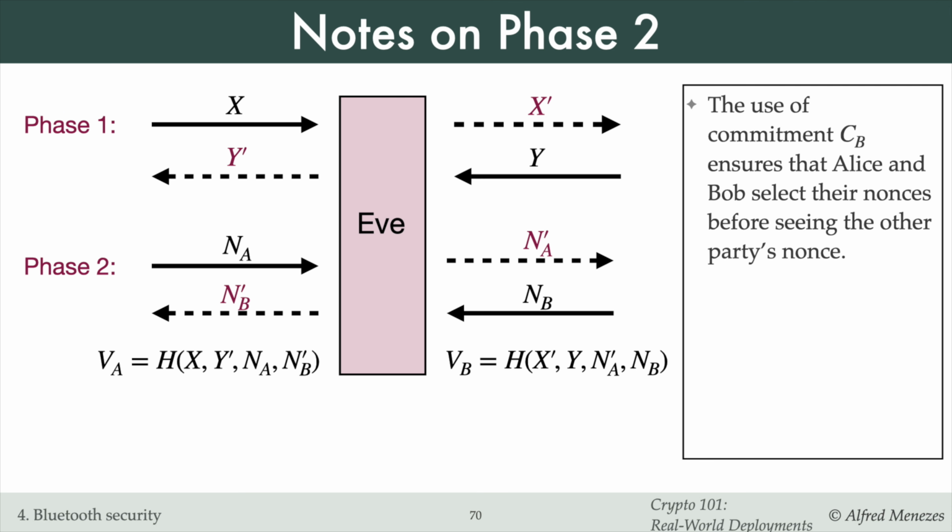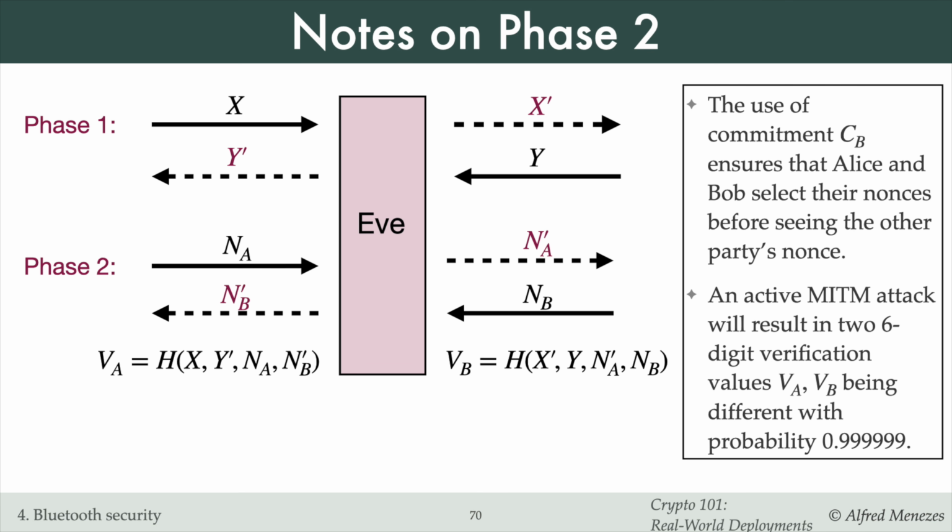But recall that because of the use of commitments, Eve is forced to select NB primed before knowing Alice's nonce NA, and also must select NA primed before knowing Bob's nonce NB. Since the verification values VA and VB are derived from these independently chosen nonces, they effectively behave as random 6-digit numbers between 0 and 1,000,000 minus 1.